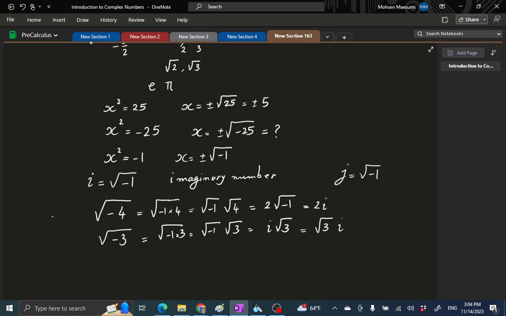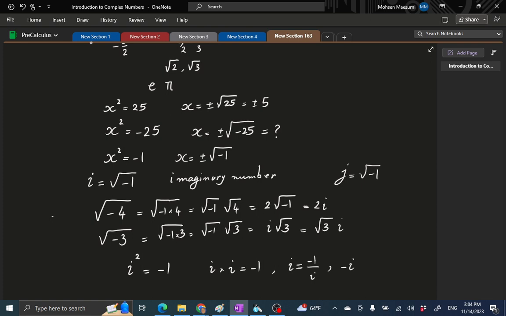So we have these numbers, and it is important for us to have the following in our mind. So i is a number that when you square it, you get minus 1. That is i times i is minus 1. Another way to write this thing is i is equal to minus 1 times minus 1 divided by i is i.